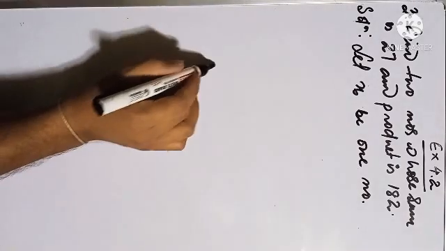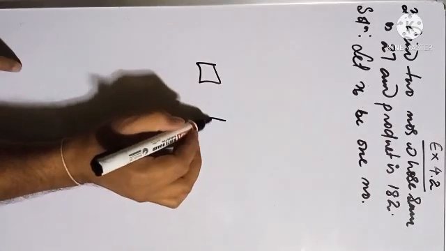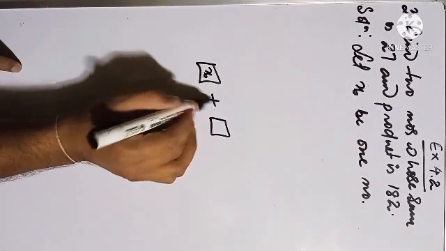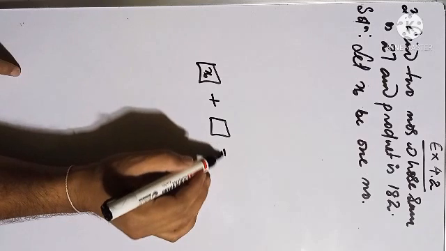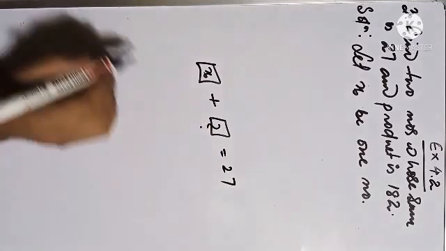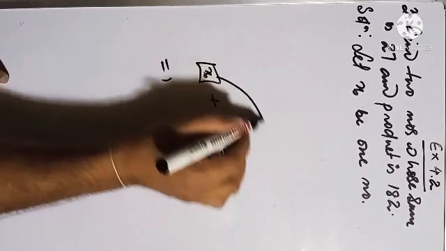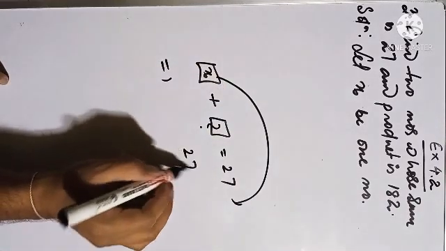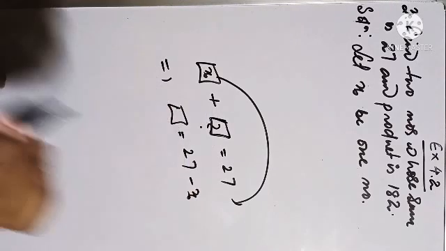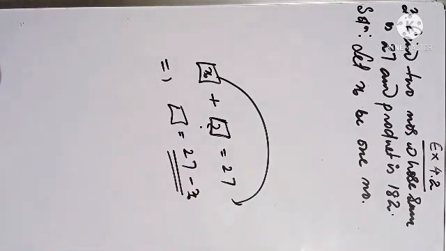We have two numbers, and I have taken one number as x. When we add these two numbers, we are supposed to get 27. What will be the other number? If x goes to the other side, we'll be getting 27 minus x.